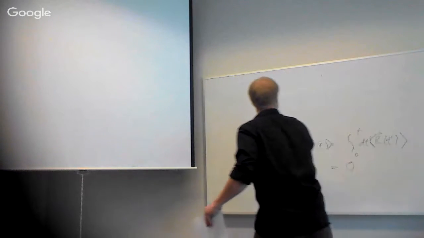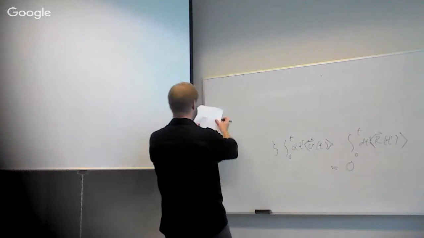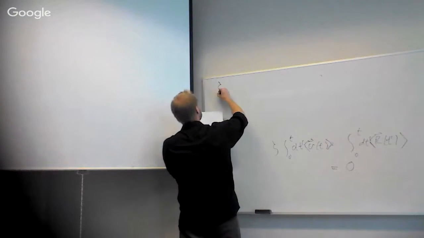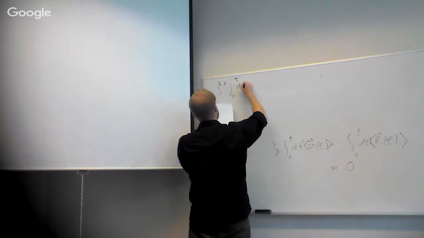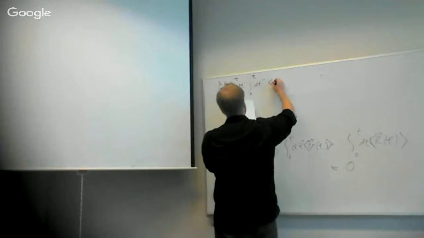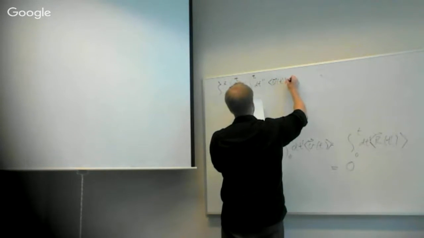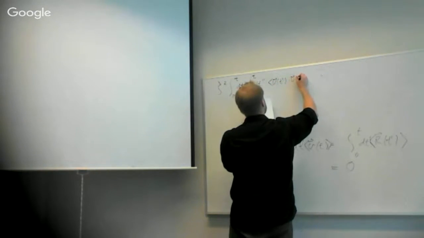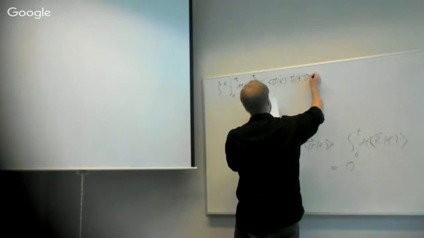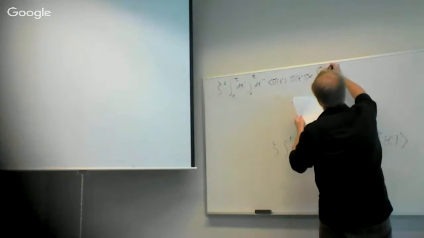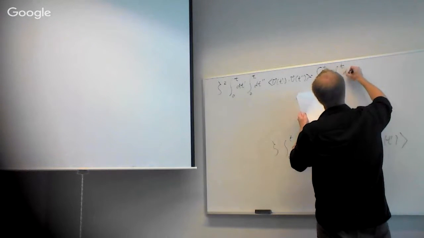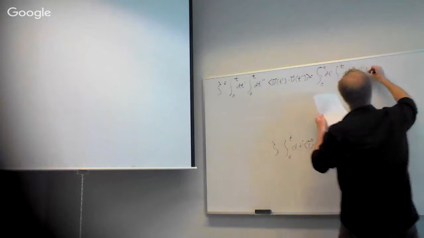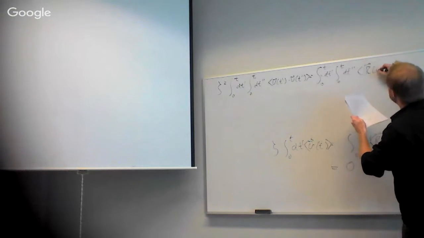What if we try to take the square? Okay, and I'm going to take the square. We're going to do it over two dummy variables, t prime and t double prime. And we've done this before.